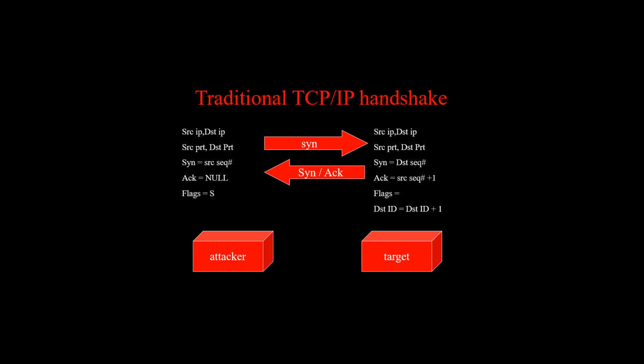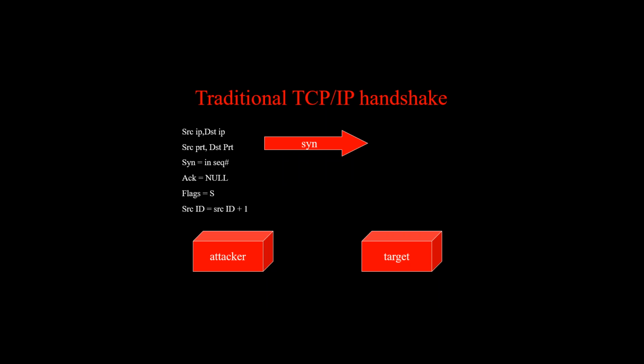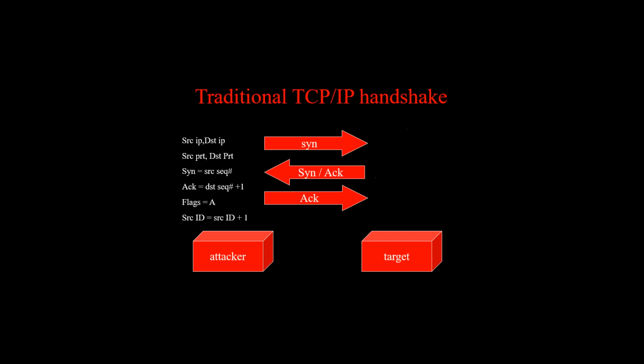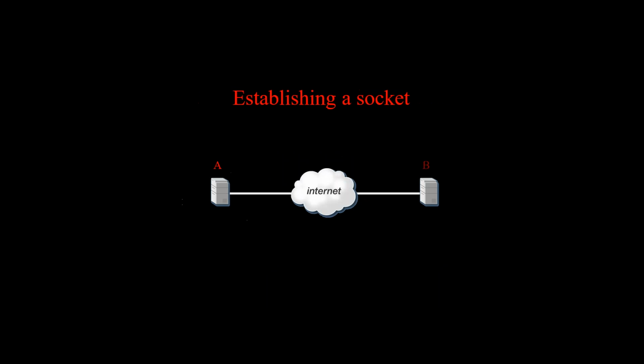The initial sequence number that went from the attacker, let's say it was a 1. When the target replied back, he replied back with a 2, and then he placed his own target sequence number on the packet as well. Then after that, an ACK is sent, and then normal TCP-based communication happens on that port.